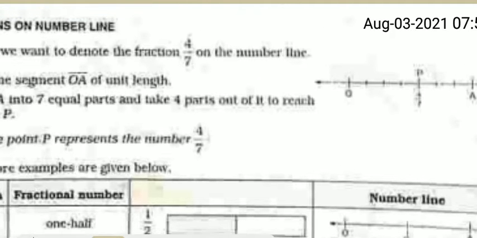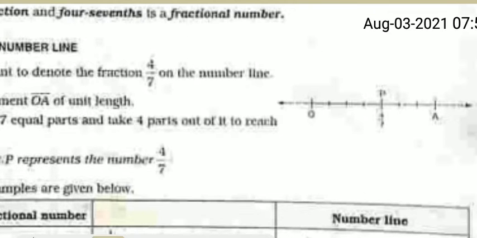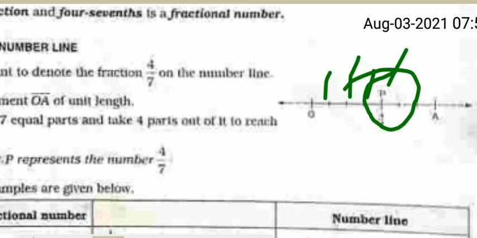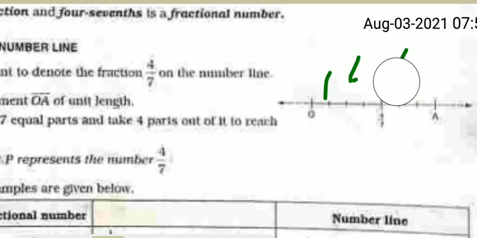Take 4 parts out of it to reach the point P. After marking the 7 parts, just take 4 parts, 1, 2, 3, 4, and give it the name P. So this P represents 4/7. Okay.